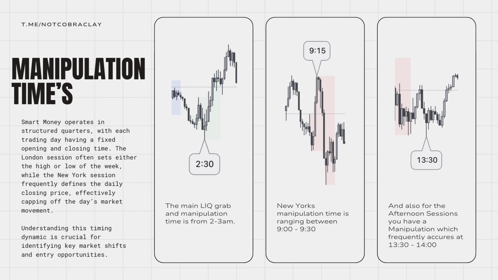And also for the afternoon session, you have a manipulation time which frequently occurs between 13:30 to 14 o'clock or 2 p.m. in this case. Everything I tell you about timings is New York timing. It's UTC-4 on TradingView in New York.